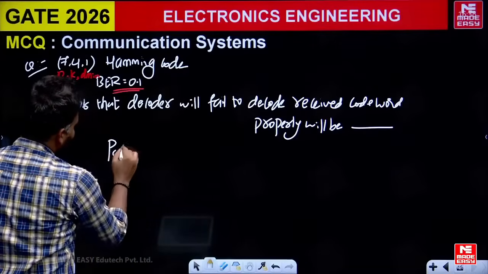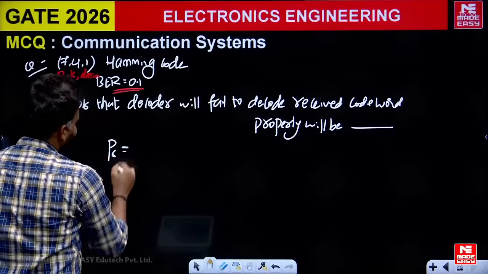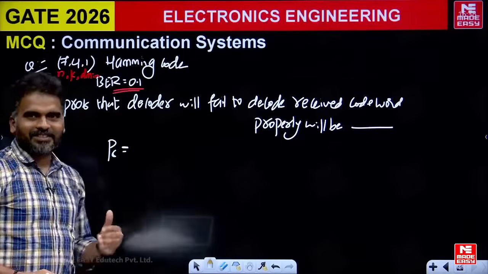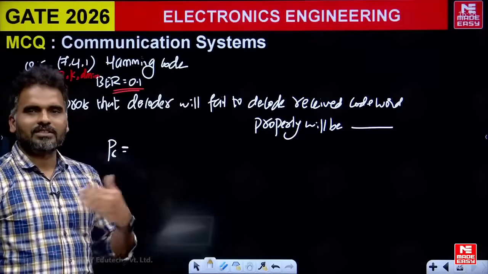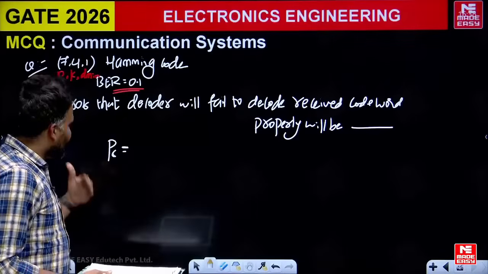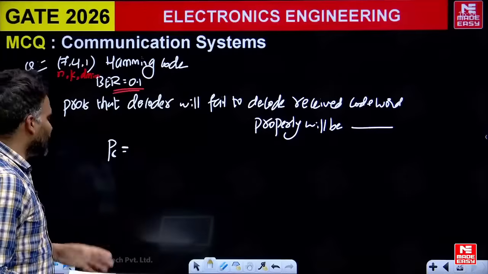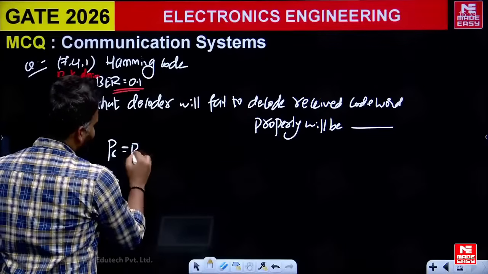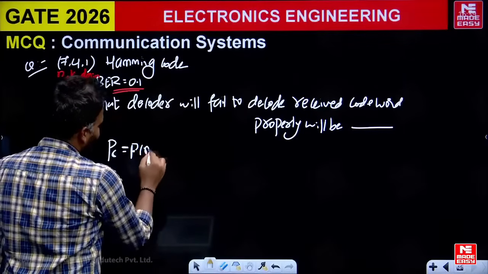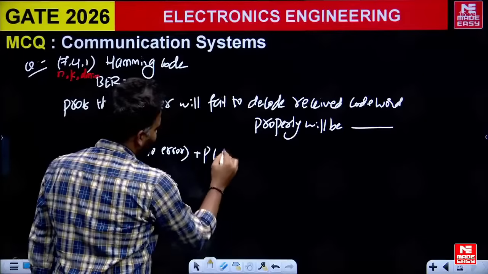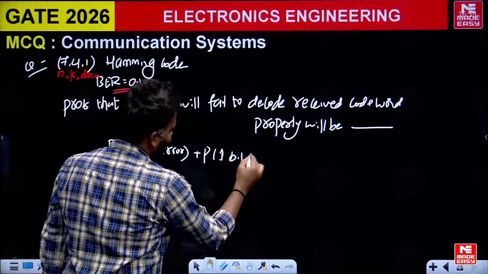So what is the probability of decoding the received code word properly? I'm writing PC, the probability of getting the original transmitted code word back. It is the probability of no error plus the probability of 1 bit error.